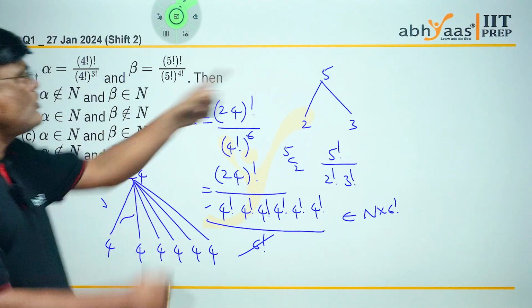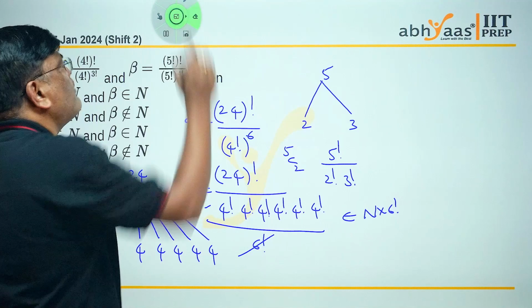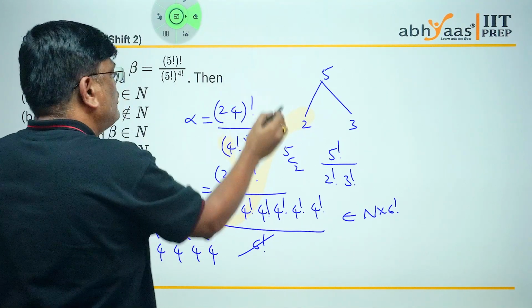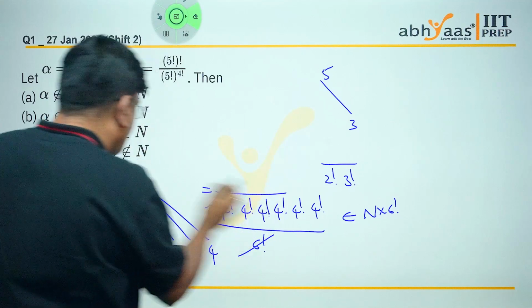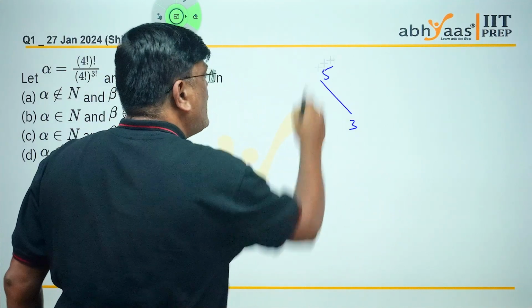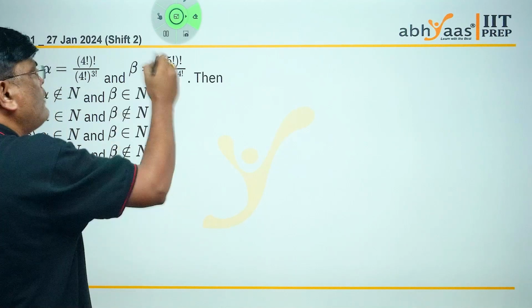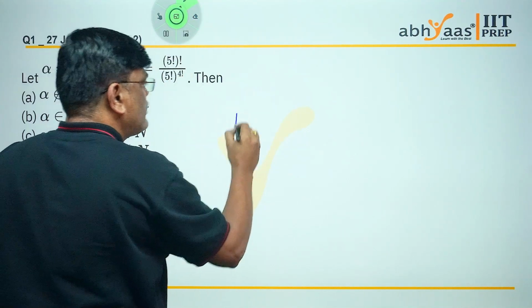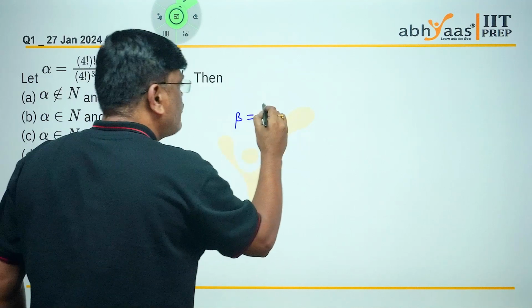Similarly, now coming to beta. Okay, 1 minute. Similarly for beta also I am taking the structure. Here in beta we have 5 factorial whole factorial. 5 factorial is 120.